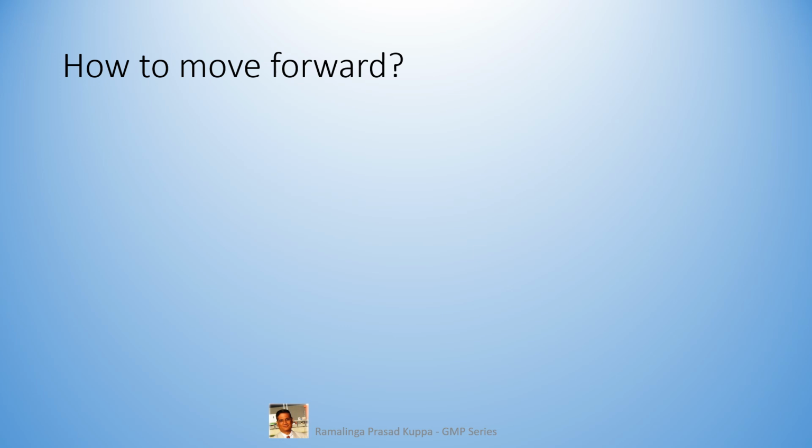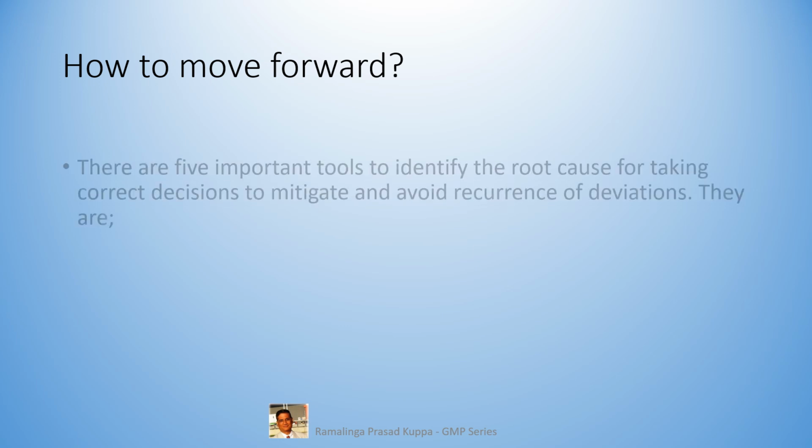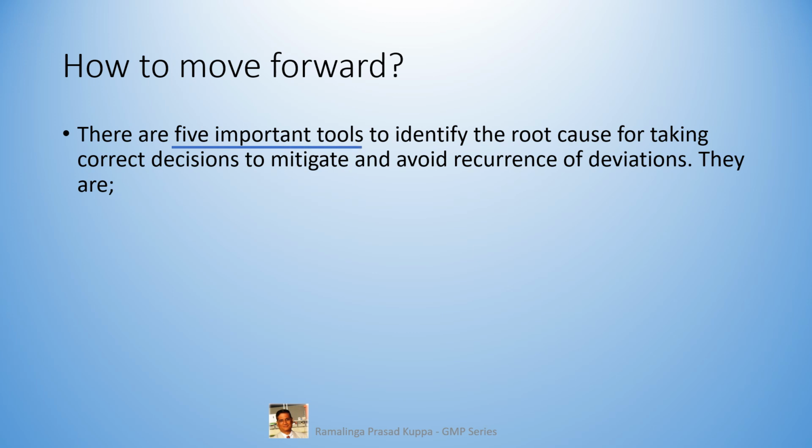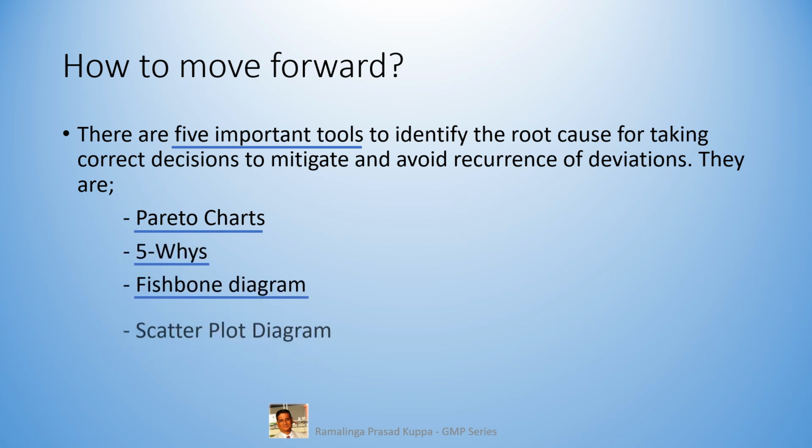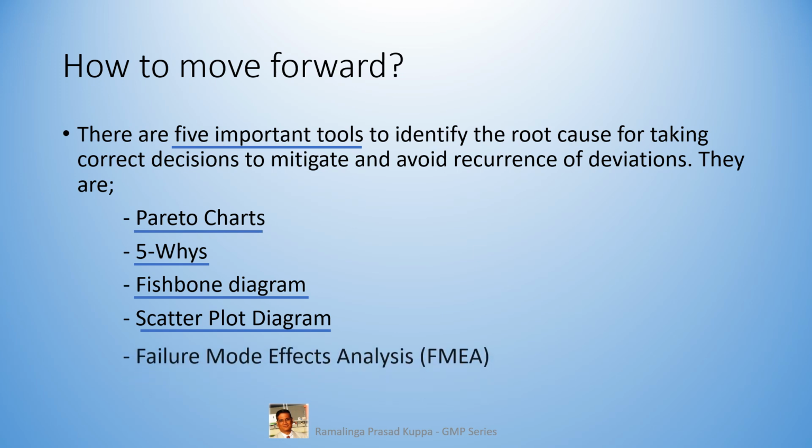How to move forward? There are 5 important tools to identify the root cause for taking correct decisions to mitigate and avoid recurrence of deviations. They are Pareto charts, 5 whys, fishbone diagram, scatter plot diagram, and failure mode effects analysis, FMEA.